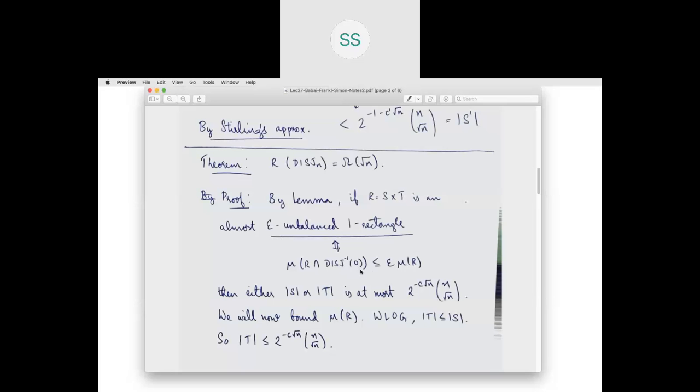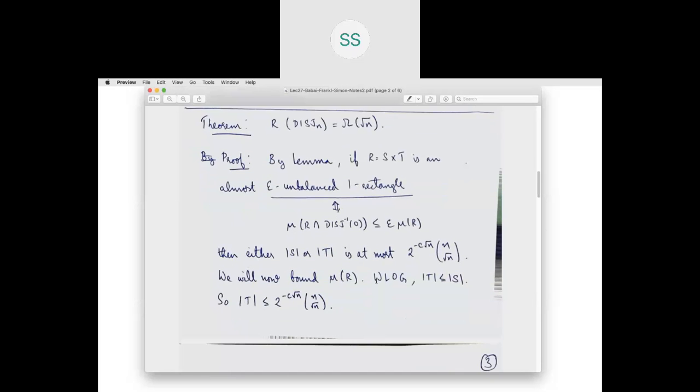If this fraction is at most epsilon, so in other words, the measure of R intersected with the inverse image of 0 is at most epsilon times the measure of R, then it is such a rectangle. If it is such a rectangle, then either S or T is at most 2 power minus c square root n times n choose square root n. That is the lemma.